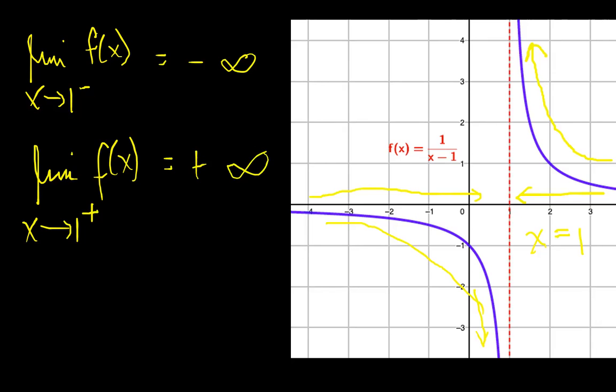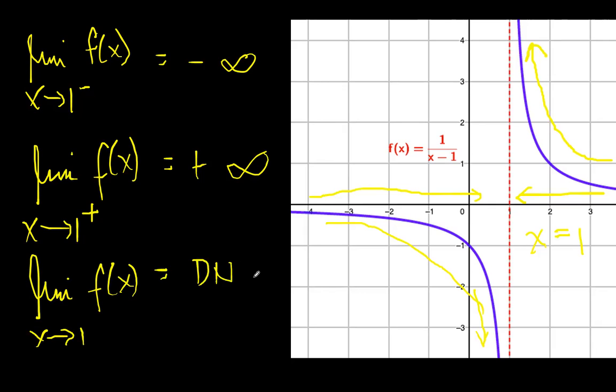Or we can also write infinity, which means positive. So we can conclude that the limit of f of x as x approaches 1 is DNE, or it doesn't exist.